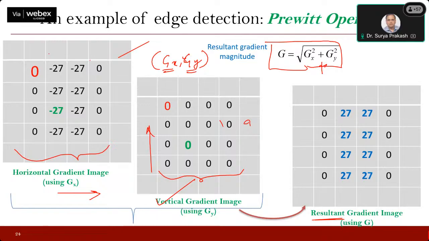So here consider -27 squared plus 0 squared, so you get 27 here. Similarly, -27 squared plus 0 squared, you get 27 here. Like that, you compute the gradient values, and once these are available, we can do the edge detection.